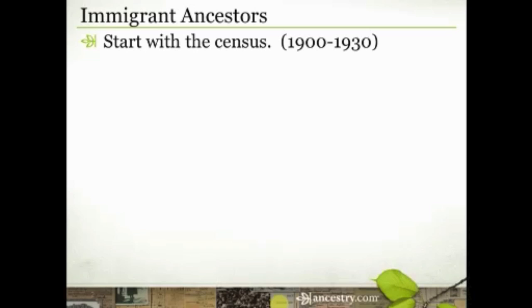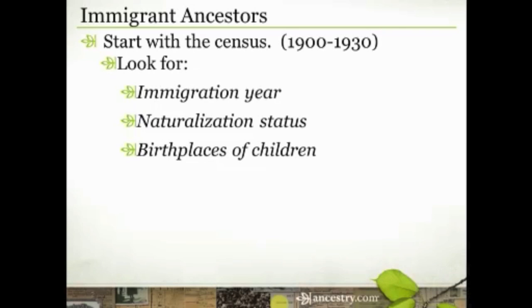Doesn't matter whether your ancestor came in 1860 or 1920. Those census records from 1900 to 1930 contain information about immigration, naturalization, and the birthplaces of those children. So if your ancestor came in the late 1800s, look for those early 1900 censuses to give you a sense of when they came to the United States.